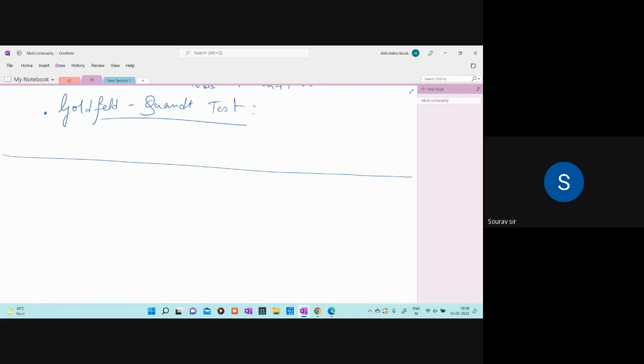Anyone? Okay, I would like you to revise this once and then we can discuss this part later, because discussing these things without any concept would not be beneficial, I guess.